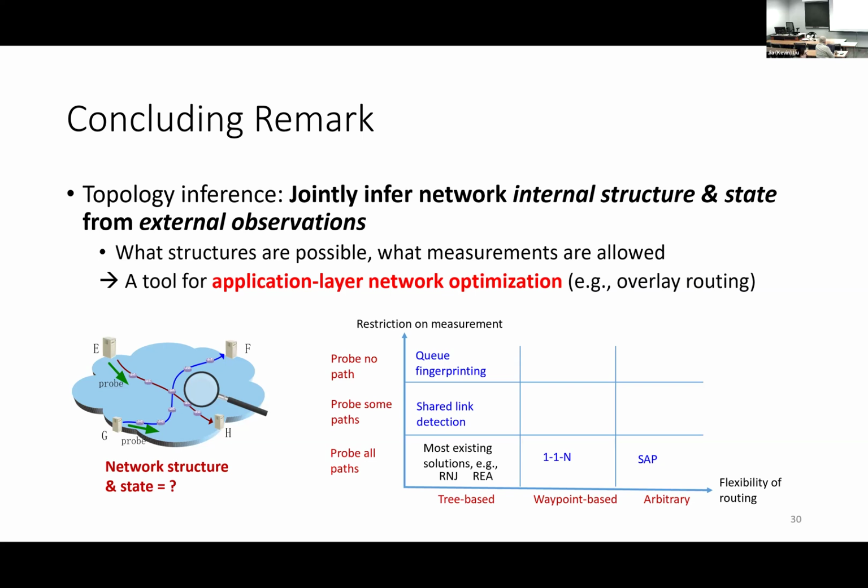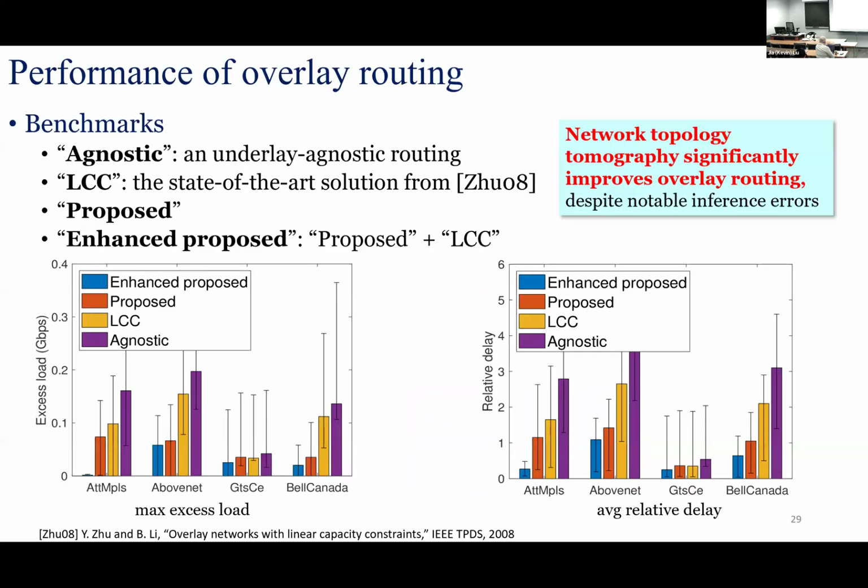Are you talking about why the amount of improvement is less for the third network? It's not necessarily just the size. The size is directly linked to inference error, so that might be one explanation. But another is the topology of the third network. It's a real ISP network, GTS-CE.